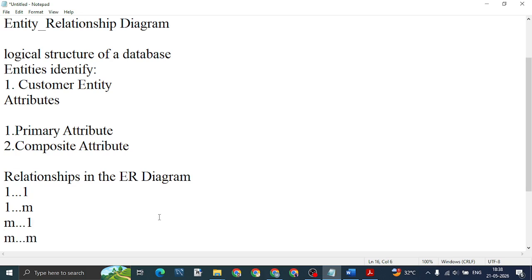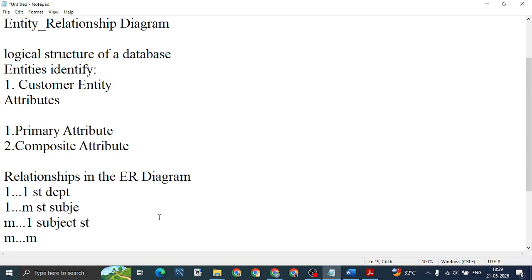A one to one relationship means, for example, a student must be registered in a single department. And a student may have n number of subjects, and those subjects belong to one student.